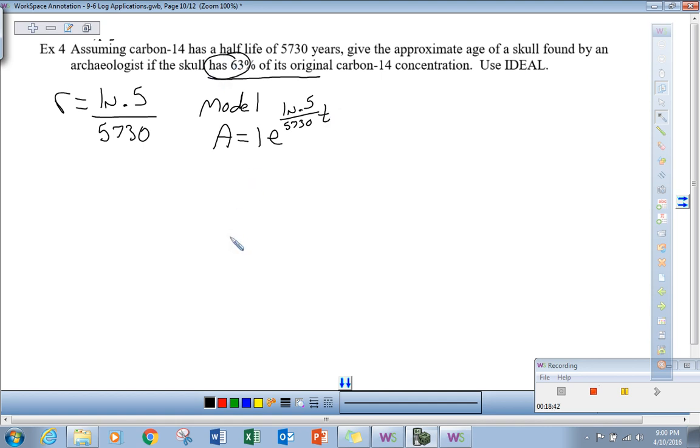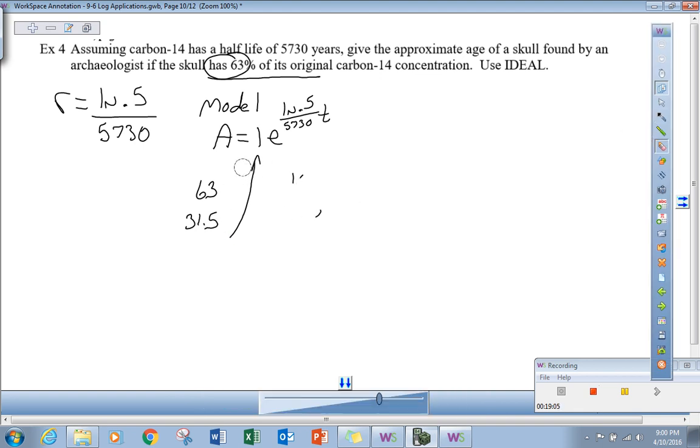To be truthful, guys, it does not matter what number that you put there. If you put 100 grams, I'm going to take 63% of it and get 63. If you want to put a 50 there, I'm going to take 63% of it and get, what would that be, 31.5? So we're going to pick the easiest number to work with. We're going to leave that as a 1, or 100%.